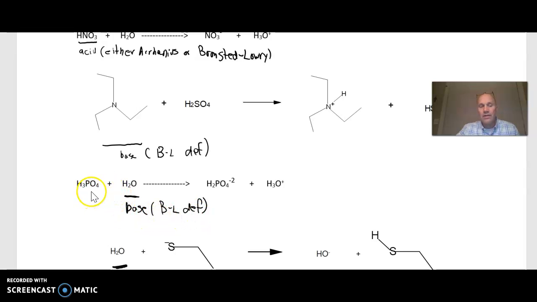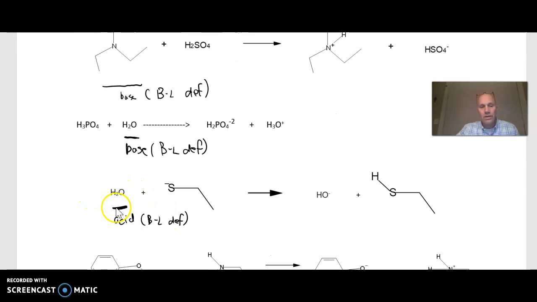In this case, notice again we've got water right here, and the water is donating a hydrogen to this material right here. Therefore, it's acting as an acid according to the Bronsted-Lowry definition. Notice what I'm saying on this worksheet is that something is acting as an acid or acting as a base.